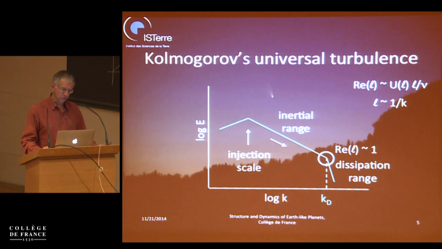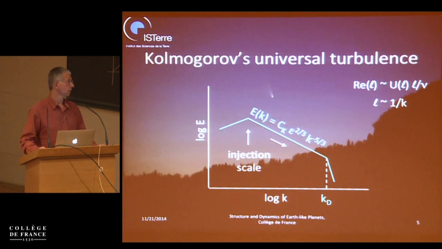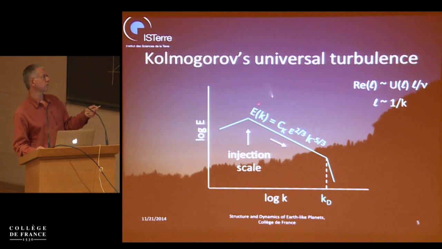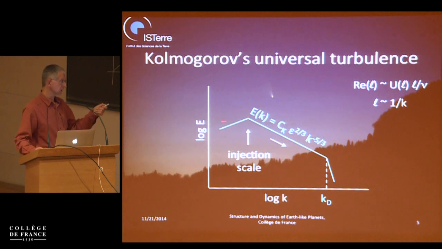Okay, so this is all really very classical, and the big thing that Kolmogorov came up with is that from this simple hypothesis, you get a scaling relationship of what should be the variation of E, the energy spectral density, as a function of K, the wave numbers, the famous K minus 5/3 law.